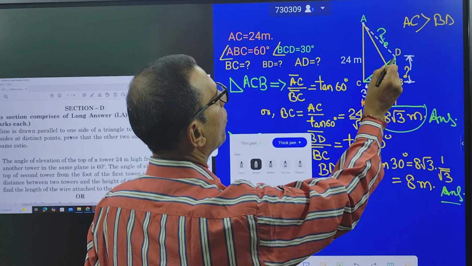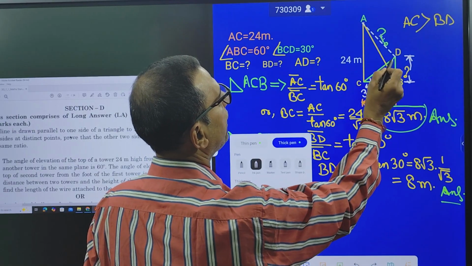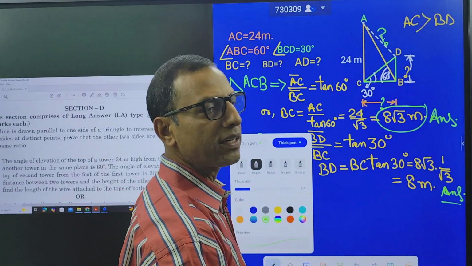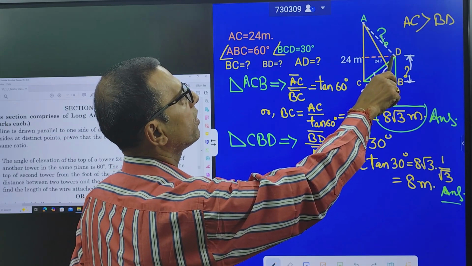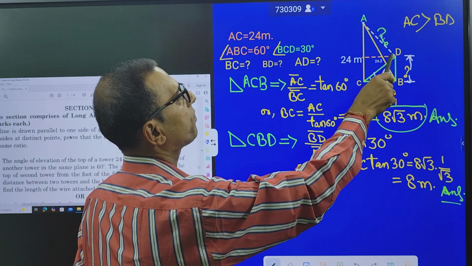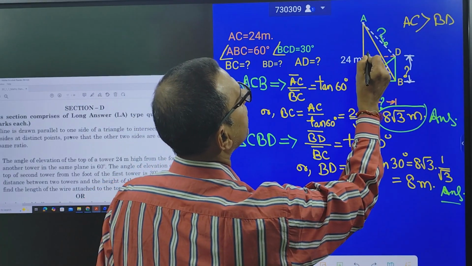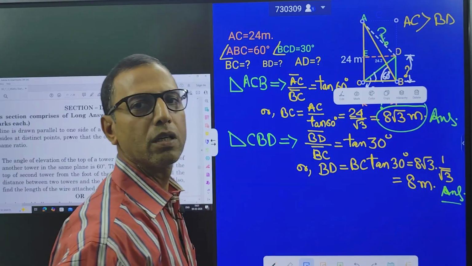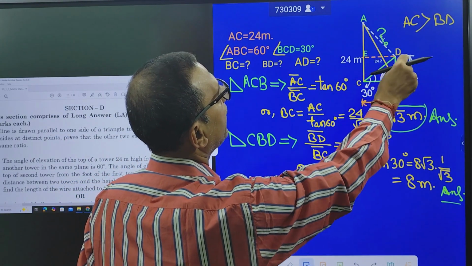If you draw a parallel line of BC from D, then automatically the intersecting point will form another right triangle. So I have drawn this dotted line, parallel to BC from D, intersecting AC. Let's say this point is E.